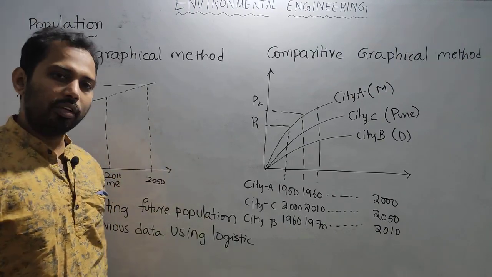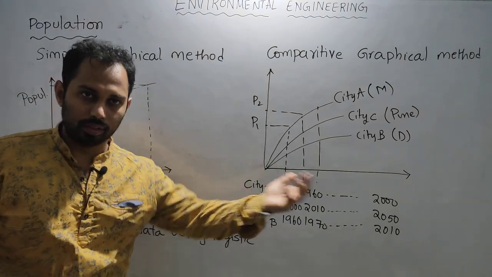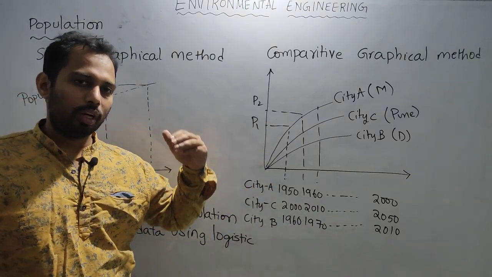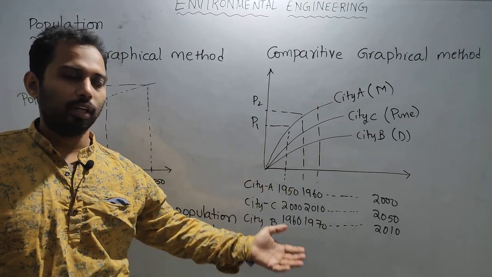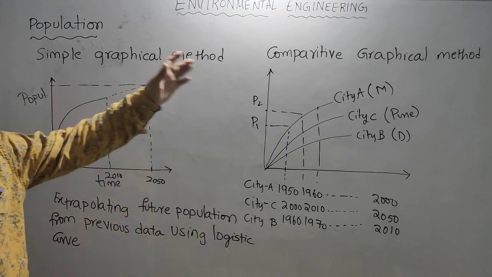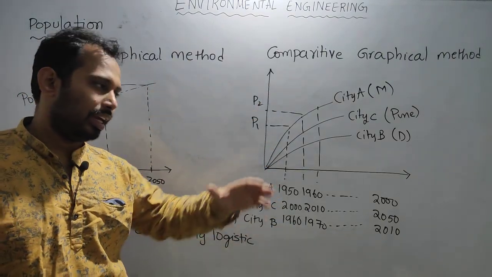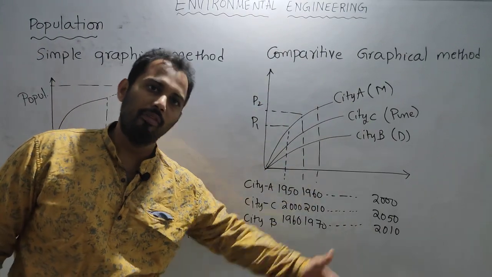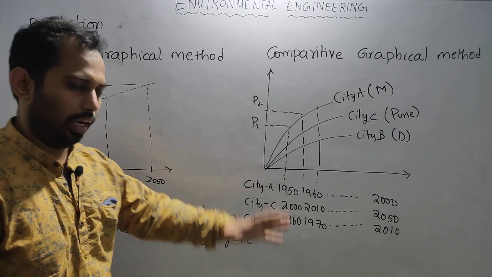To find the sufficiency of the source, we need to know how many users there are. To determine the number of users in the future, till the end of the design life of the component, we need these techniques. That is why we use forecasting techniques.